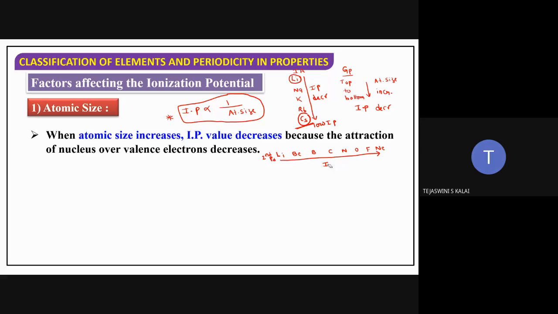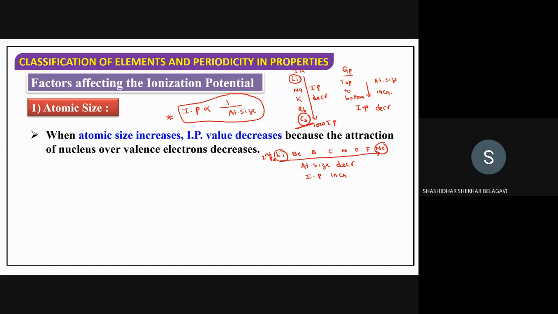Before the ionization potential, let me see atomic size first. Atomic size decreases. If atomic size decreases, ionization potential always increases. Between lithium and neon, which has more ionization potential?